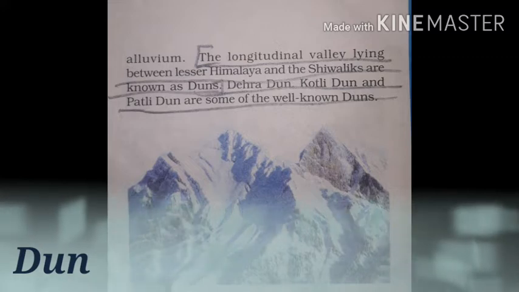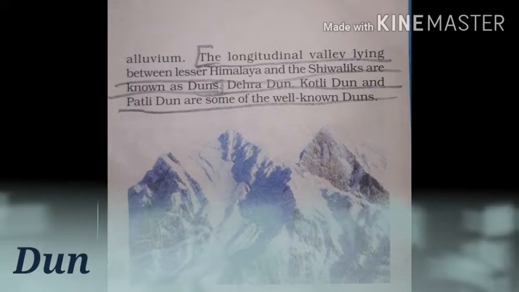Longitudinal valleys lying between the Lesser Himalaya and the Shivalik are known as duns. Duns are the spaces between the mountains, the valleys between the ranges. Dehradun, Kotli Dun, and Patli Dun are some of the well-known duns in this range.